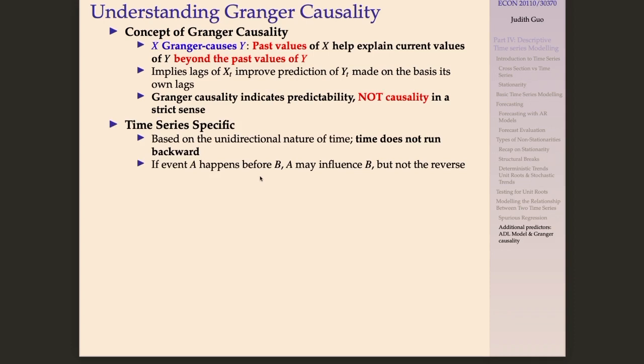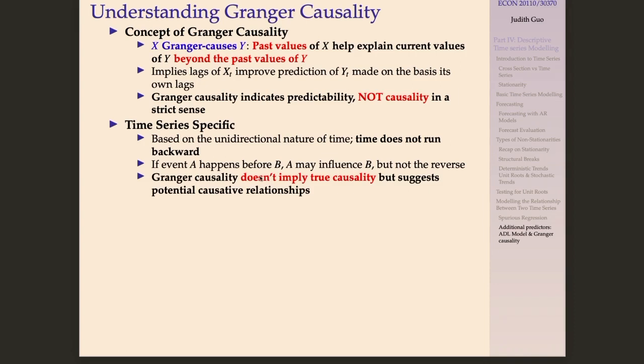So one thing I have to keep in mind is that Granger causality is a time series specific concept. Basically, this idea is based on the fact that time does not run backward, okay? There's only one direction when we think about time. If an event A happens before another event B, it can only be that A might affect or A might cause B, but it can't be that B is causing A because B happens after event A. So Granger causality doesn't imply true causality, okay, but only suggests a potential causative relation.